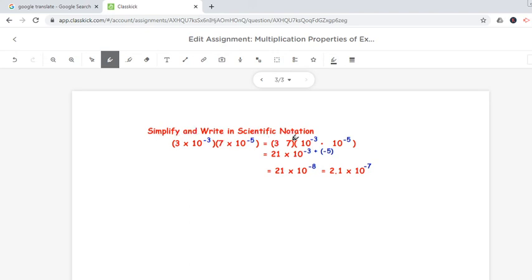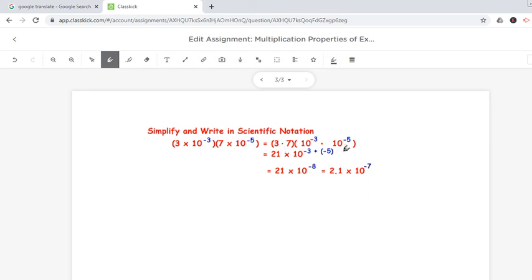And then 10 to the negative third times 10 to the negative fifth. 3 times 7 equals 21.